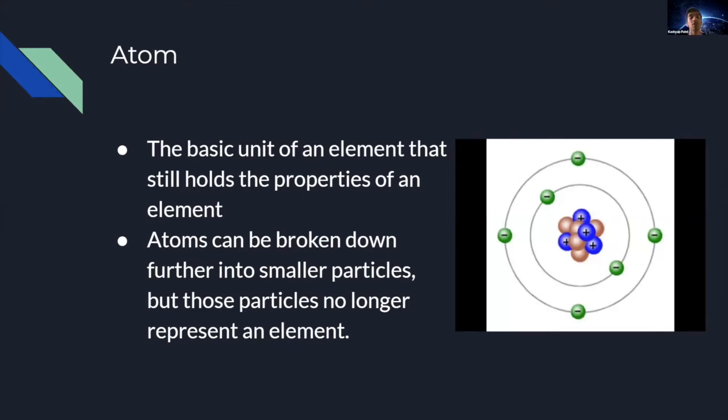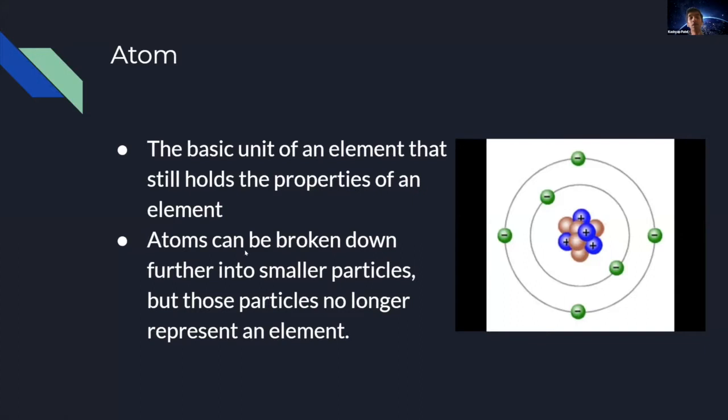So if you take carbon and break it down into millions of pieces, and you find a singular carbon atom, that singular carbon atom is still carbon. Now, if you break that atom into further smaller pieces, it will no longer be carbon. So that's what it means to be an atom. It still holds the properties of the element.